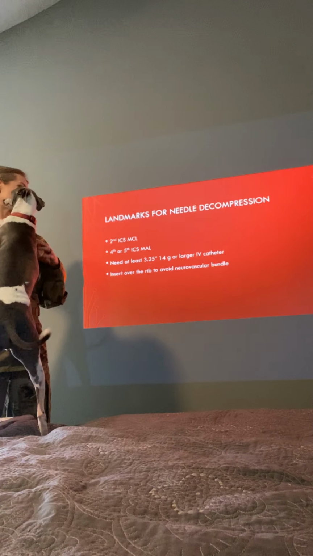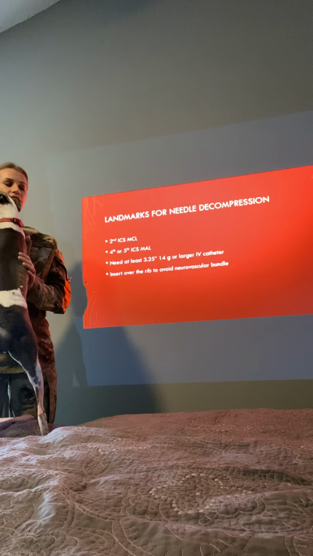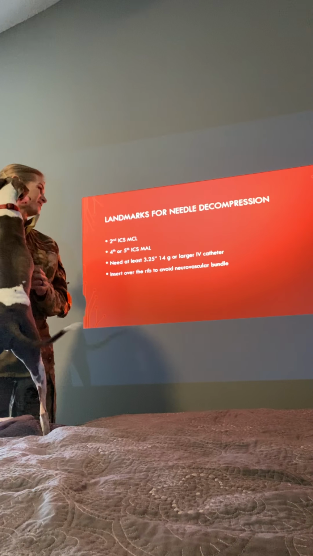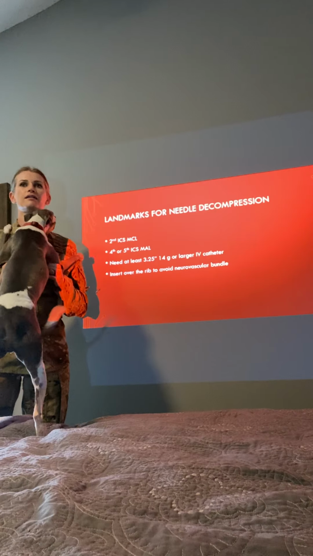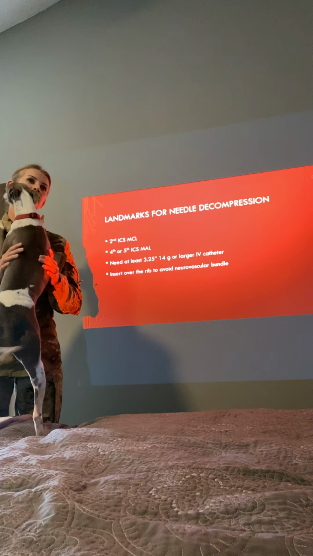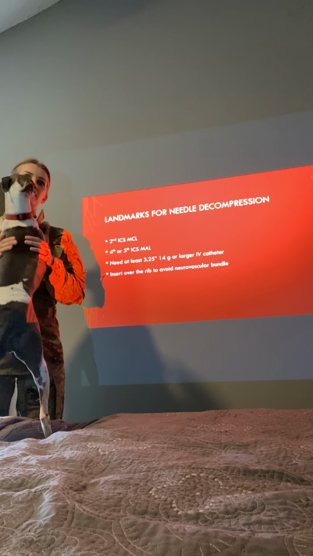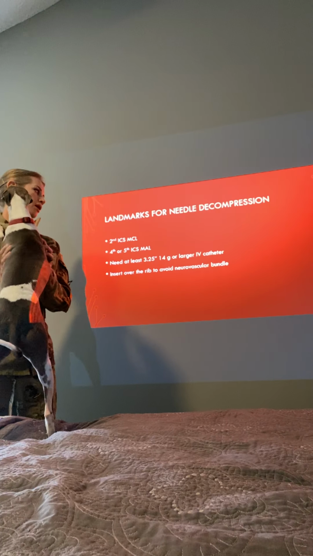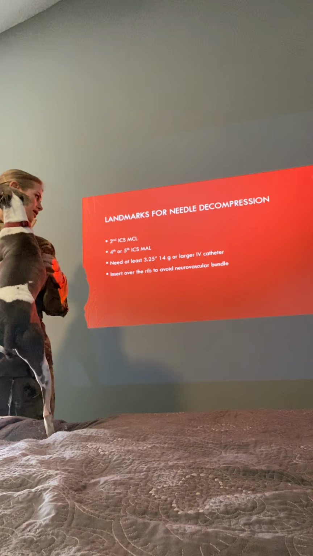And you gotta have at least a 3¼ inch 14 gauge or longer IV catheter to actually make it to the pleural space. They make 5-inch. If you can get those, they're better for large chested individuals, and that's the only way that you can get deep enough in there to actually evacuate the air before it reaccumulates into a tension.